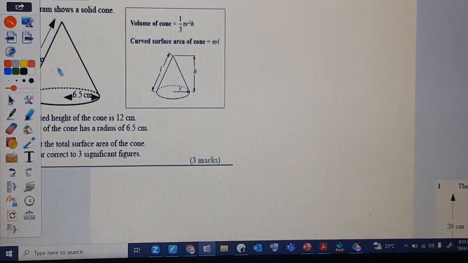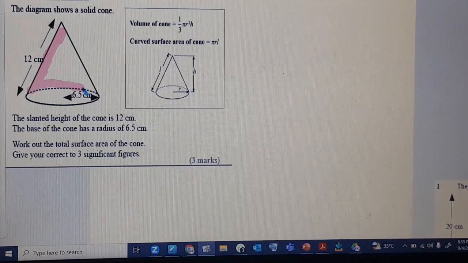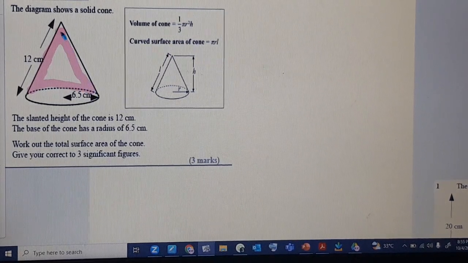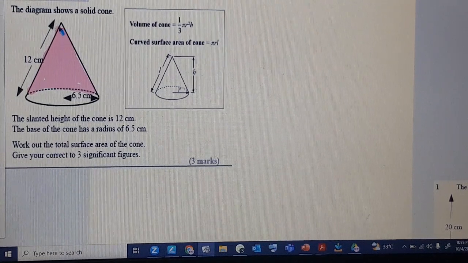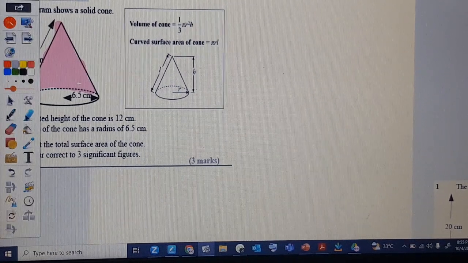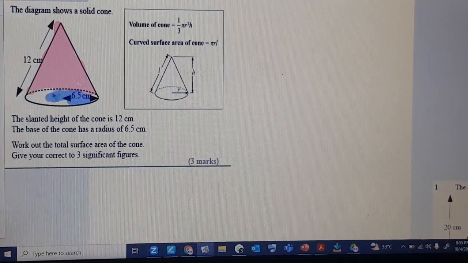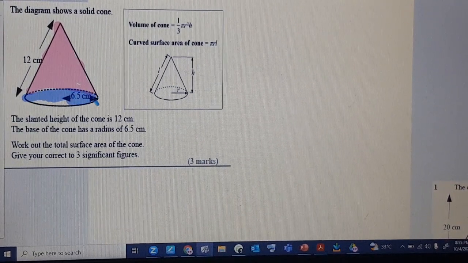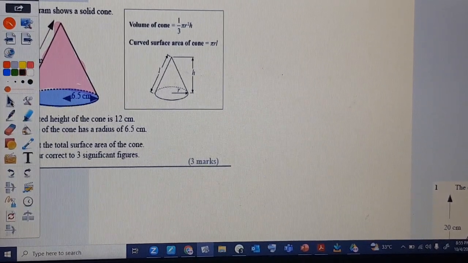This one is my first surface, which is a curved surface, and the other one is going to be the circle that I have at the bottom. So these are 2 surfaces which are combined together. I'll find the surface area for both of them and I will add them.